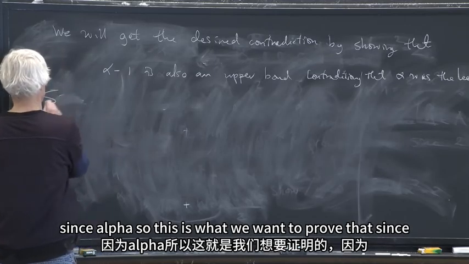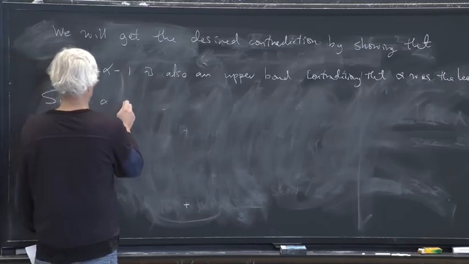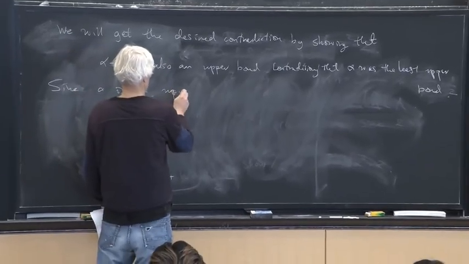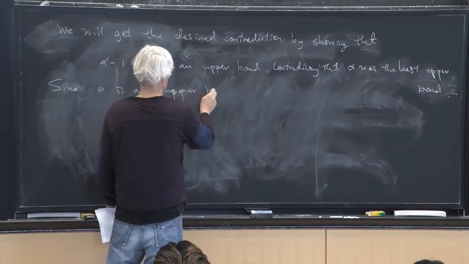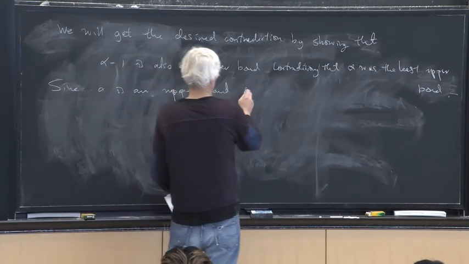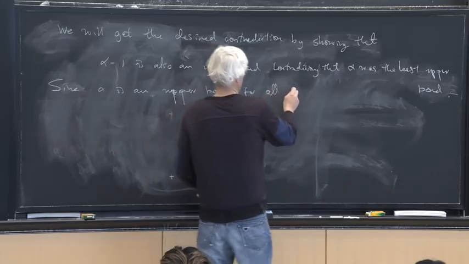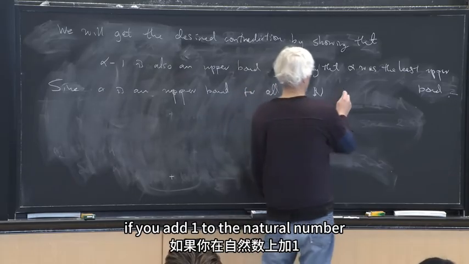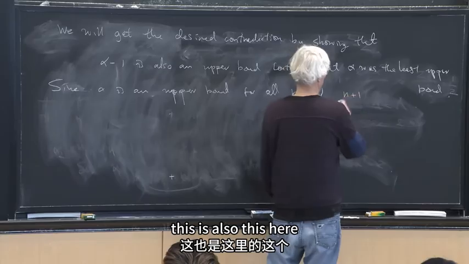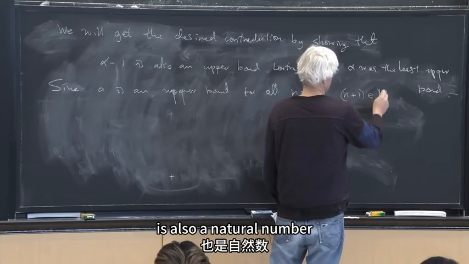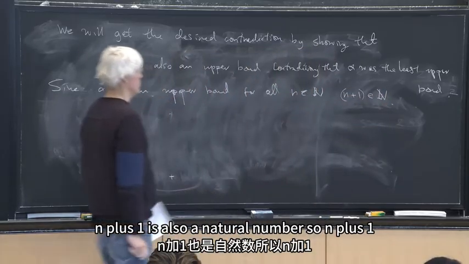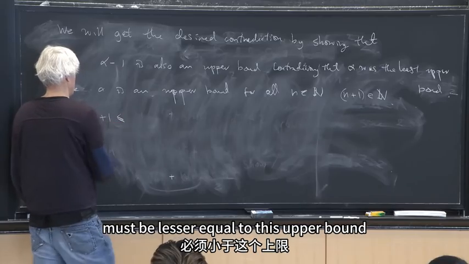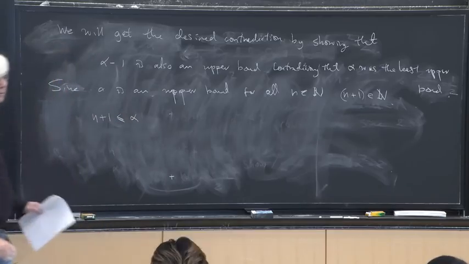Since alpha is an upper bound, for all natural numbers, if you add 1 to the natural number, this is also a natural number, right? n plus 1 is also a natural number. So n plus 1 must be less or equal to this upper bound.